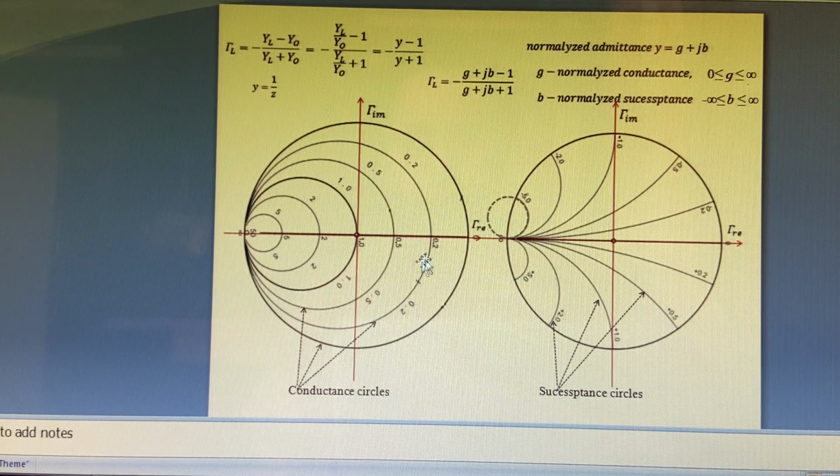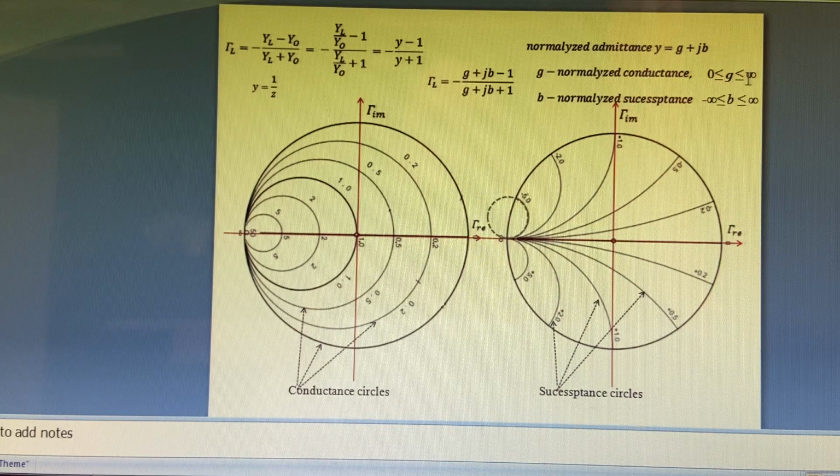These circles are opposite to the resistance circles, as we can see here. The G value for this circle is equal to 2. Like that, the circles are there over the Smith chart, and G takes values from 0 to infinity. The minimum value of G is 0, and it goes up to infinity.